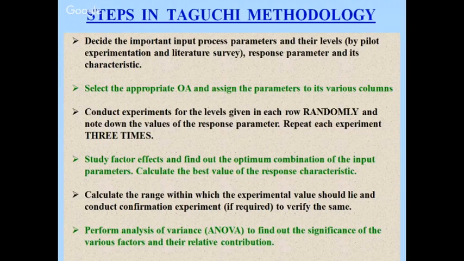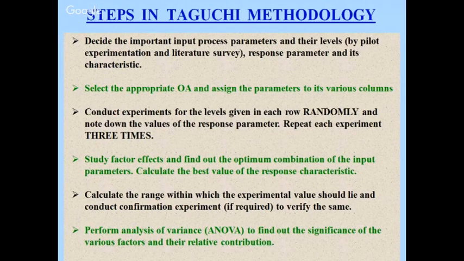Next point is study factor effects and find out the optimum combination of input parameters. Once you know the value of your response parameter, then my analysis part starts. I will study the factor effect, how each factor and each level change in a factor is affecting my response. I will be able to get that through my analysis.